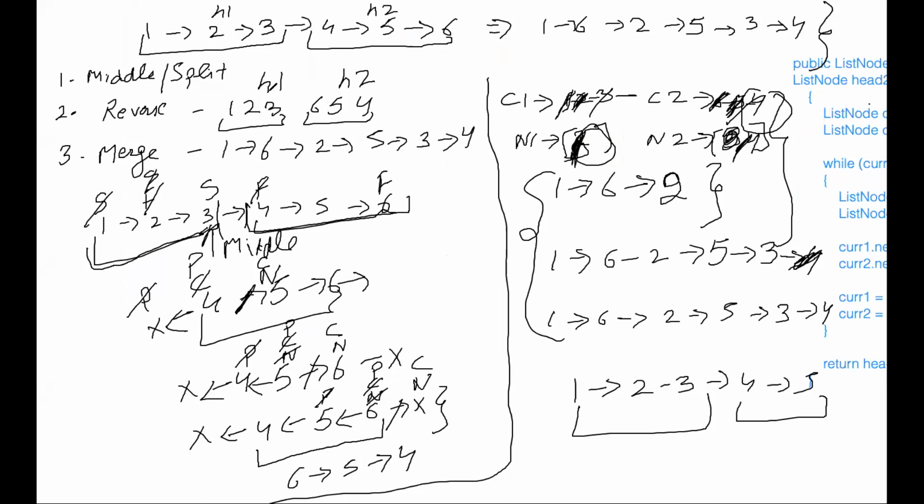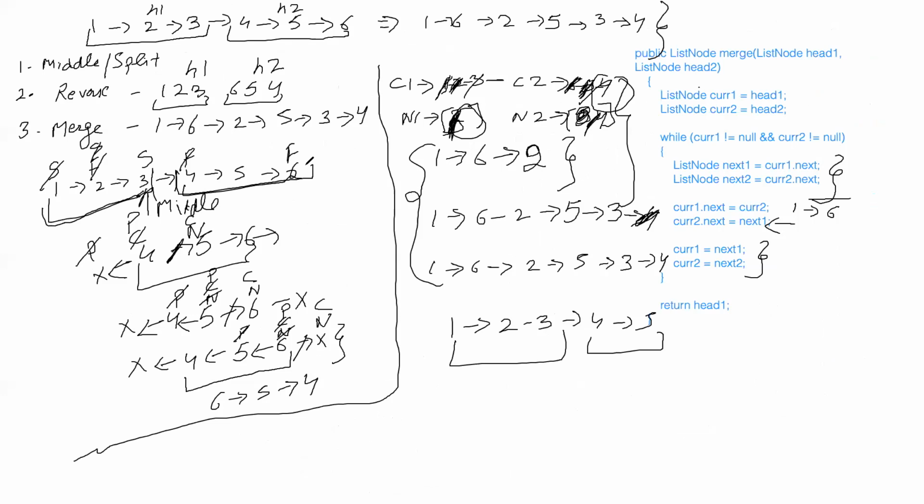By the time you get there, you've only done n over 2 operations. And then the second is you just merge them, and that's another n over 2 operations. So the total will be big O of n only, only one iteration.